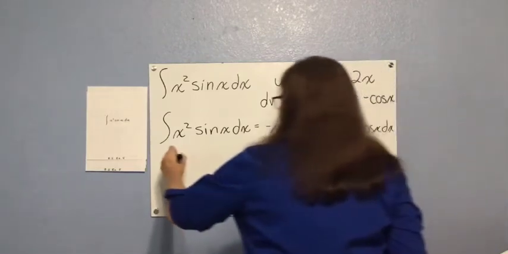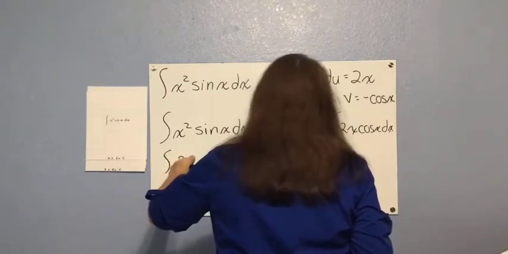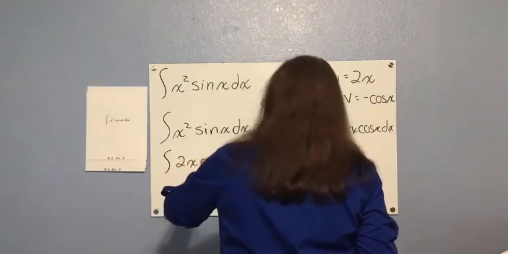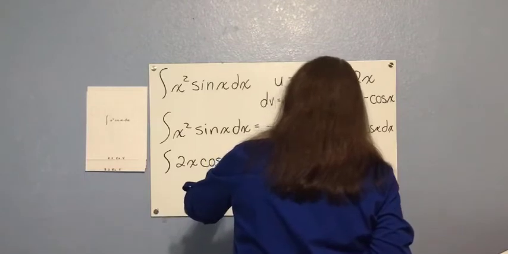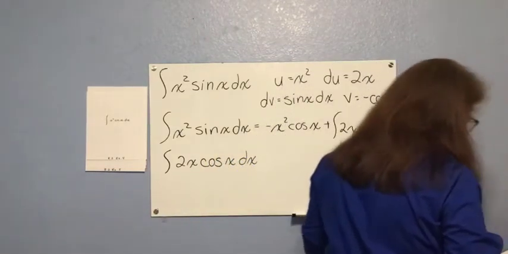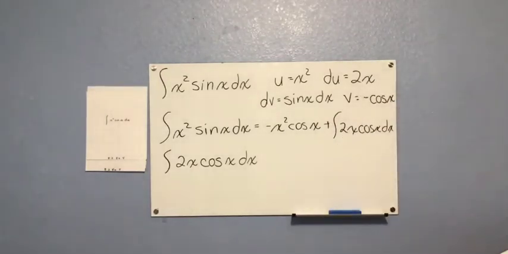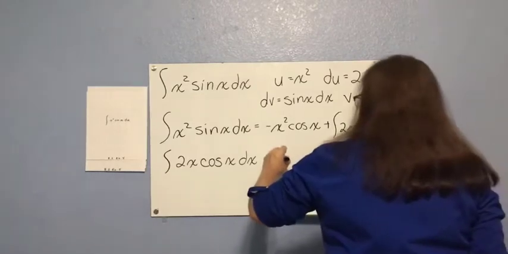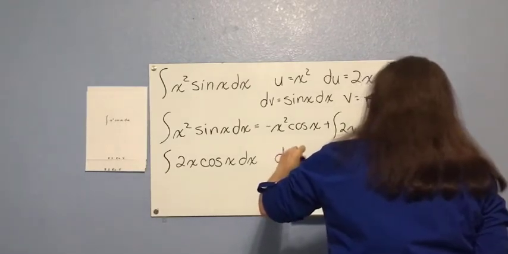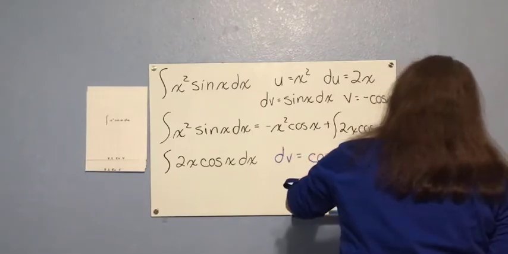So let's write down just this part. Okay, and for this part, I'm going to switch colors so we can kind of keep straight what we're doing. This time we're going to let dv equal cosine x dx.